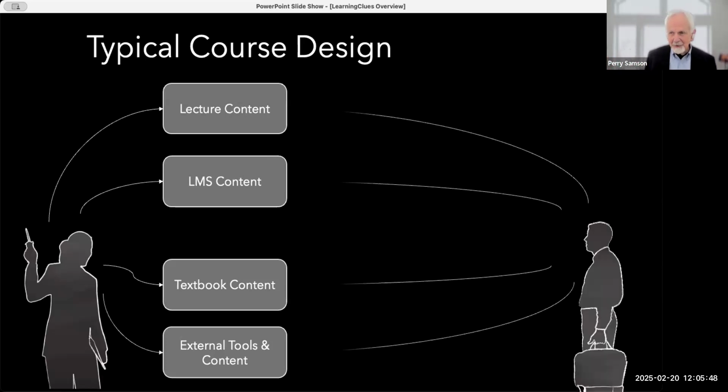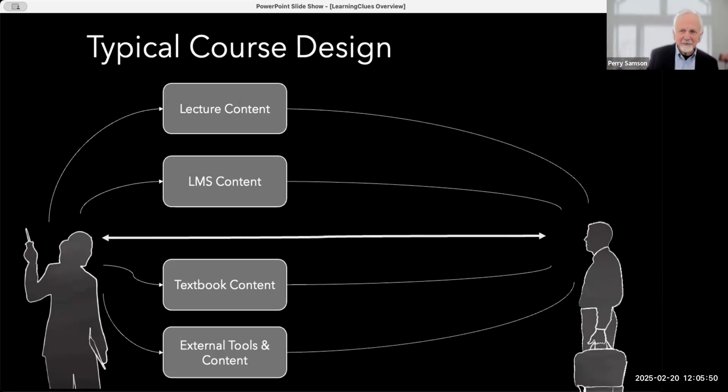Now, the student, on the other hand, is able to access all those things through the LMS and whatever lecture capture system they have on campus, and the textbook. And of course, they go to class, they can see the instructor and ask questions in class.